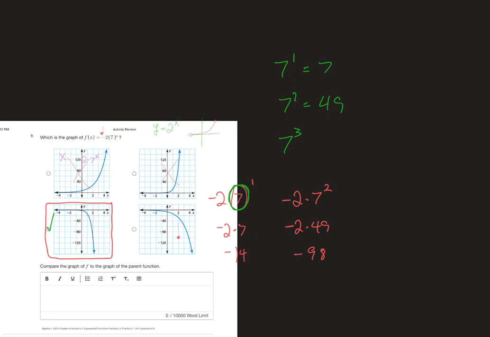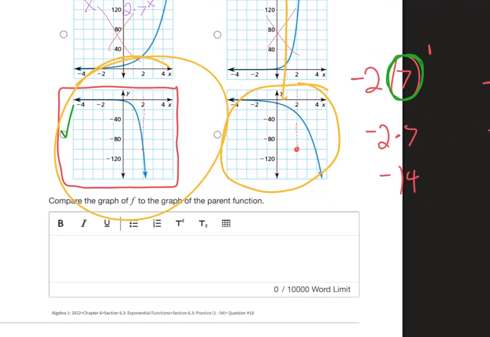Is it 343, I think? I mean, it's growing tremendously fast. And this one kind of looks more like what we've been doing with 2 to the x, right? Yeah, it's exponential, but it's not quite that exponential. You know what I'm saying? So anyway, it's that one.